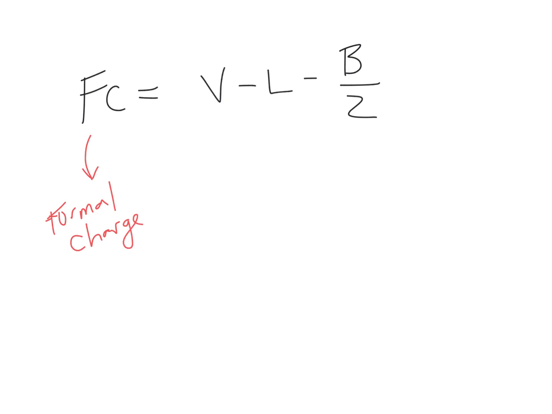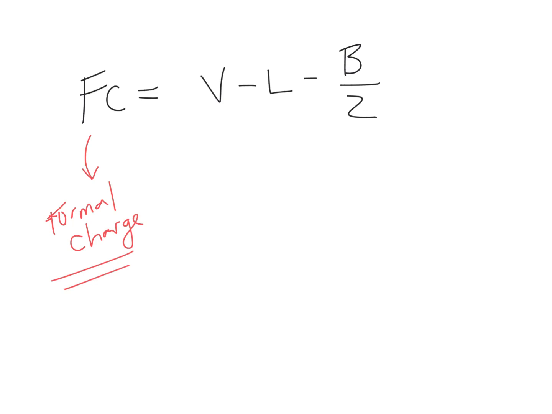It's kind of a make-believe number that just helps us know how stable and energetically favorable an atom is in a certain Lewis structure within a molecule. It's a number we assign to each atom in a Lewis structure that helps us know if that Lewis structure is most likely the correct one. So it's not even really a charge, to be honest.